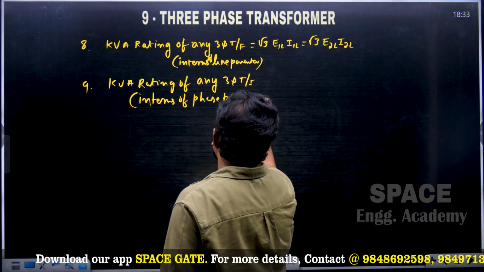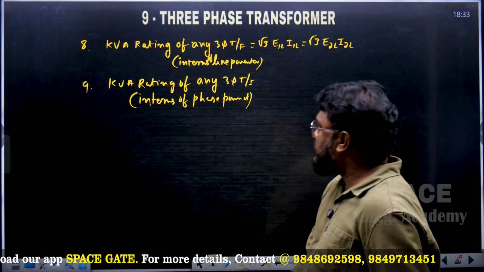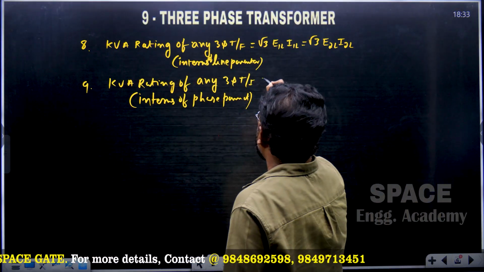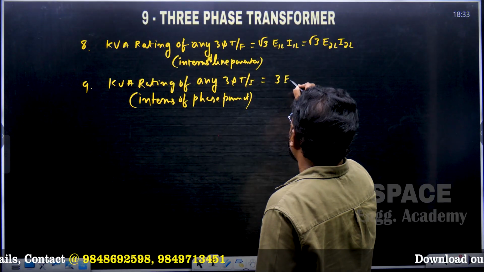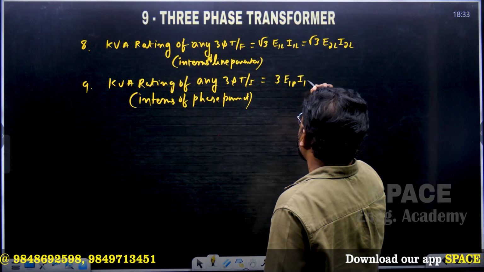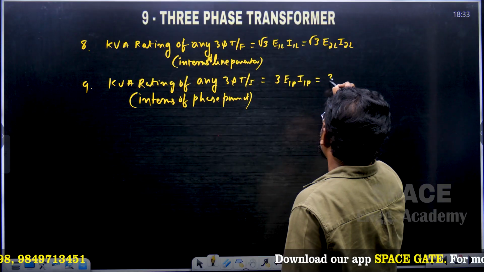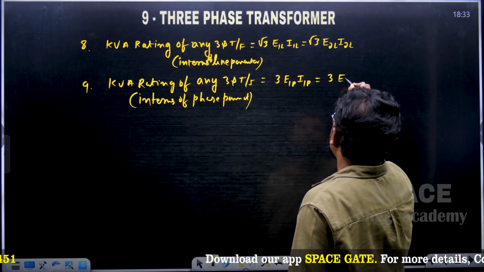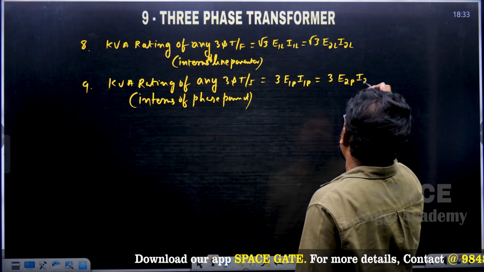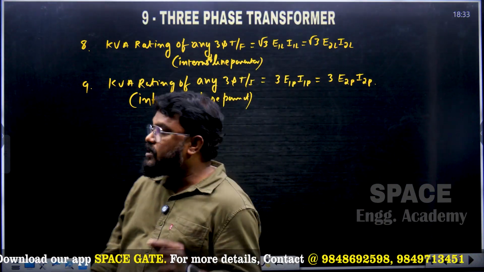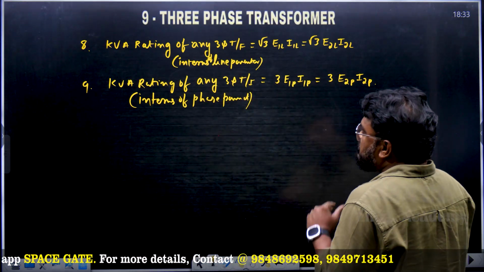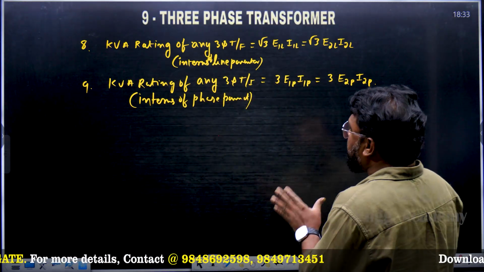The KVA rating of any 3-phase transformer in terms of the phase is equal to 3 times E1 phase into I1 phase, which is equal to 3 times E2 phase multiplied by I2 phase. So this is the KVA rating of any 3-phase transformer in terms of the line and also in terms of the phase parameters.